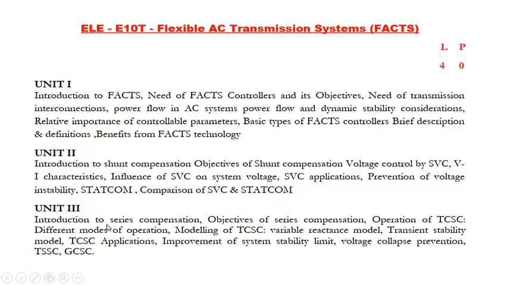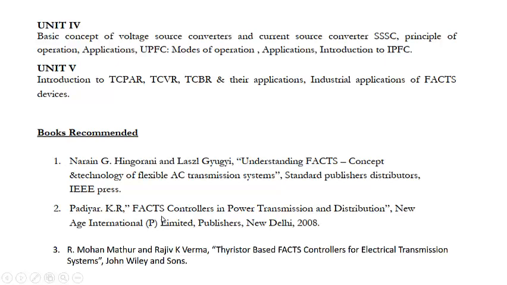In the third chapter, we have series compensation, operation of TCSC, different modes of operation, modeling of TCSC, variable reactance model, transient stability model, etc. So this is shunt compensation, this is series compensation. Then we may have voltage source converters and current source converters, which are actually used for these SSSCs or UPFCs and IPFCs.